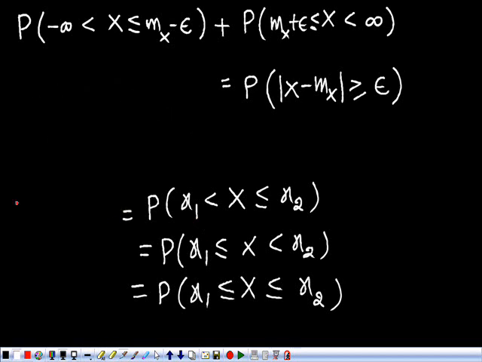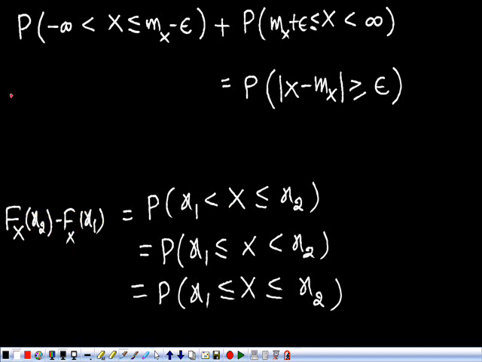Can I write this as fx of x2 minus fx of x1? So here this is equivalent to this is equivalent to this, and we already know that this is equivalent to fx of x2 minus fx of x1. That is a fundamental property of the CDF.